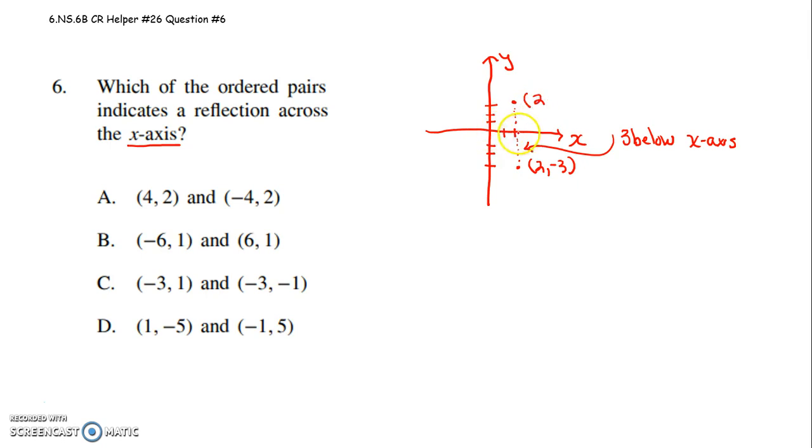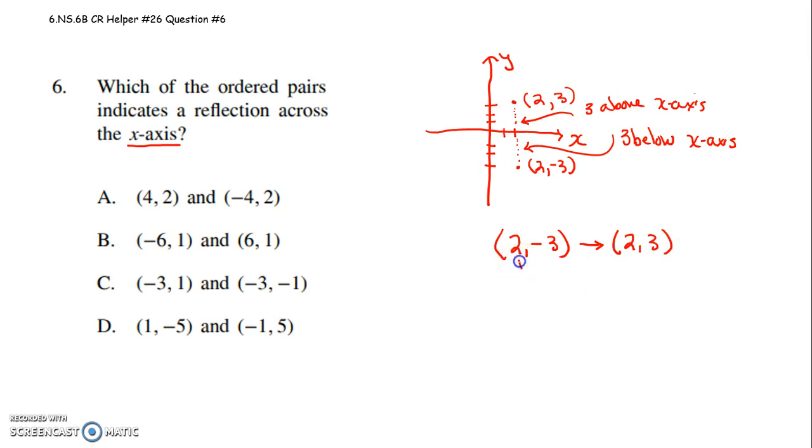So that would be the point 2, +3, because it would be 3 above the x-axis. So to reflect across the x-axis, 2, -3 would become 2, 3.